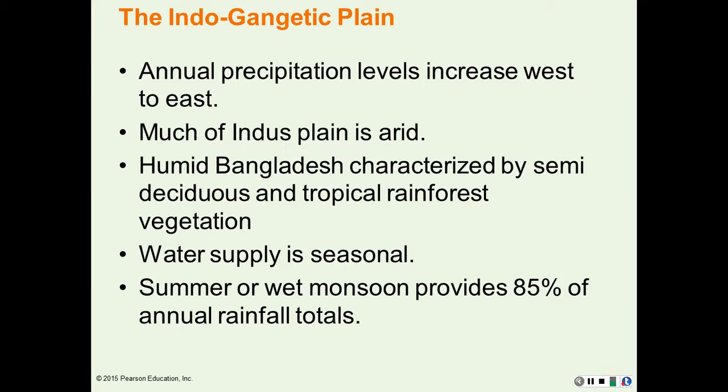Humid Bangladesh is characterized by semi-deciduous and tropical rainforest vegetation. We'll spend some time talking about some of the climate and geophysical characteristics coming in combination, the Sundarban region, as we begin our discussion of Bangladesh in later lectures. Water supply is seasonal as with the monsoon seasons, with summer or wet monsoons providing 85% of the annual rainfall totals.